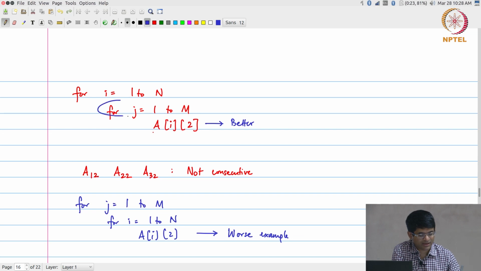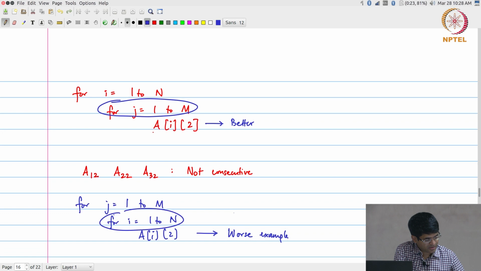Because at least I am running through the entire for j loop every time that I do one read of a i2, so I do several computations before I read the next value of i. I can't get around the strided access, but every time I read a value, I do several computations with it before I move on to the next one. Whereas over here, a changes on every iteration.